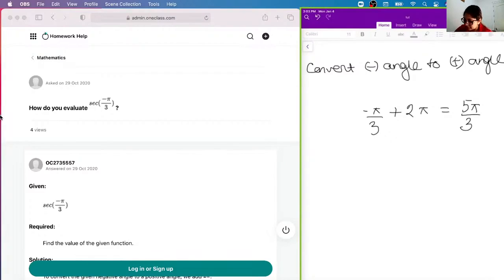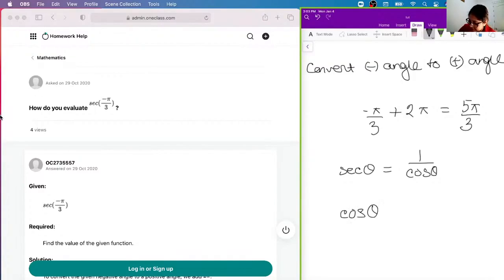So if we recall that secant theta, or any angle, is basically the same thing as 1 over cos theta, right? So what we can say here is, let's just say that we're looking at cos of 5 pi over 3, just for a brief moment here.